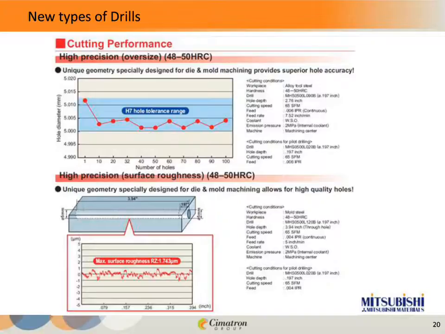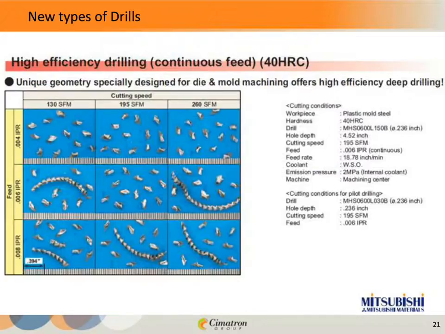So it's holding a nice tight group for size, and we're holding a nice tight group down here for the surface roughness. Here we're seeing some examples of the chips at different inches per revolution. And over here you can kind of get a feel for what kind of RPM, feed rate, and surface speed per minute that we're getting.